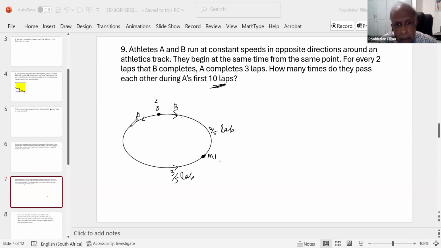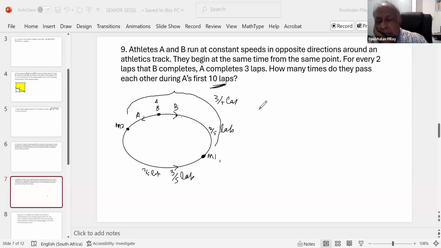A will carry on and come to 3/5 of a lap, and this is the meeting point, meet 2. From there to there will be 3/5 of a lap. In the meantime, B is traveling slowly and will cover another 2/5 of a lap on that side, but I'm interested in just A now.